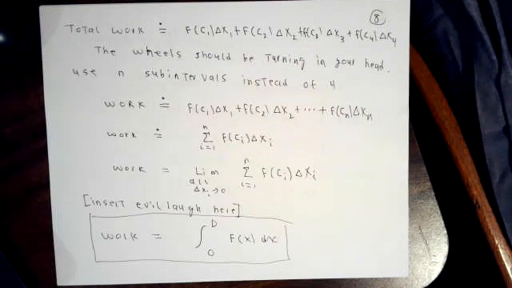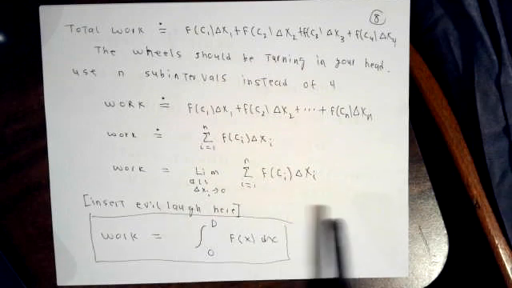The work would approximately be the sum, i equals 1 to n, of f evaluated at ci times delta xi. And to make the exact value come out, I need to take the limit as all of the delta xi's tend to 0. And there, once again, is a Riemann sum.